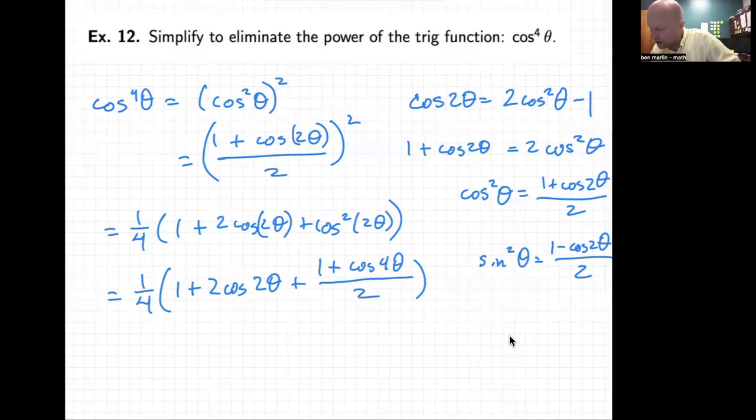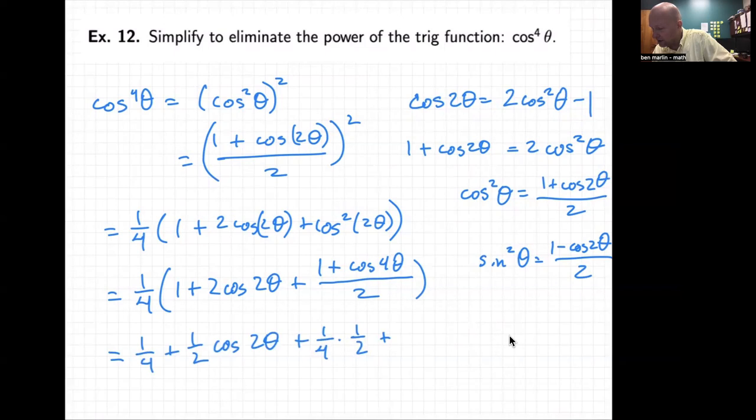If you go ahead and distribute it out there, this gets a little bit messy, but it is 1/4 plus 1/2 cosine 2 theta plus 1/4 times, I'm going to distribute the other 1/2, 1/2 plus 1/4 times 1/2 cosine 4 theta.